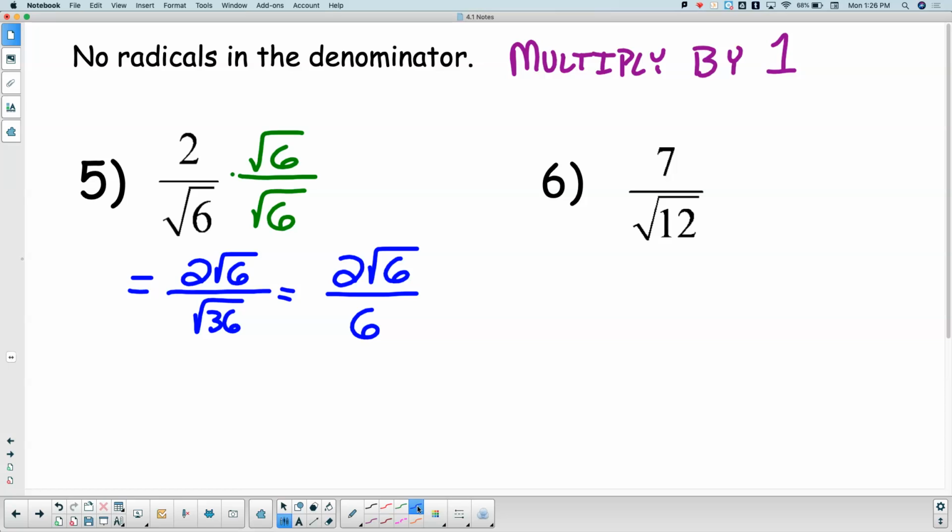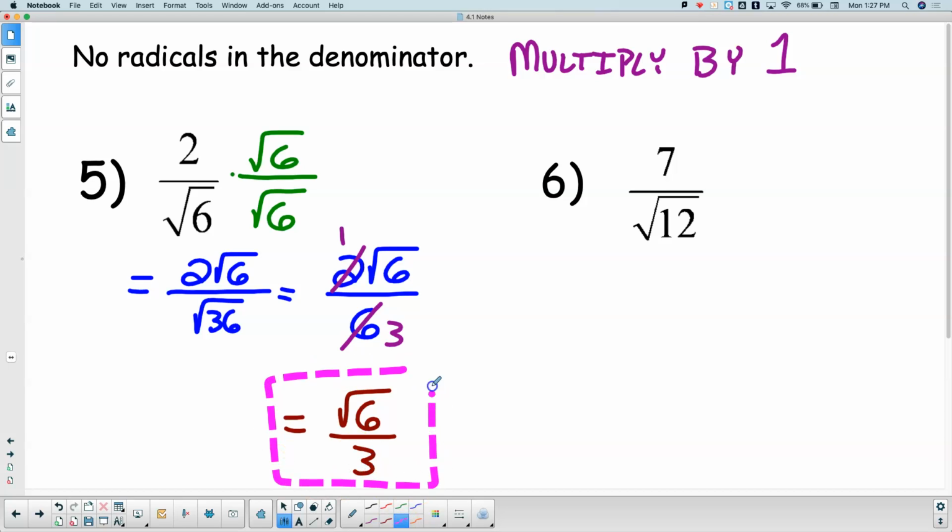However, I can still simplify it because I've got two outies that are both even. So I can divide the top by 2 and divide the bottom by 2, giving me my final answer of the square root of 6 over 3. Okay? You try number 6.